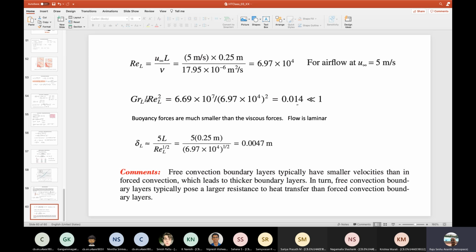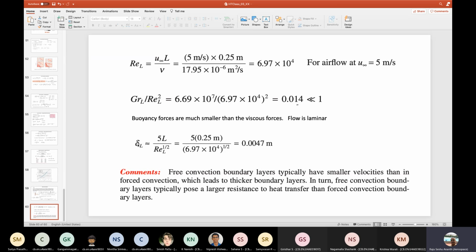And what is the ratio of the Grashof number to the equivalent Reynolds number? The Grashof number is basically the buoyancy force divided by the viscous force. Here the Grashof number is very low, so obviously the buoyancy force is very low.